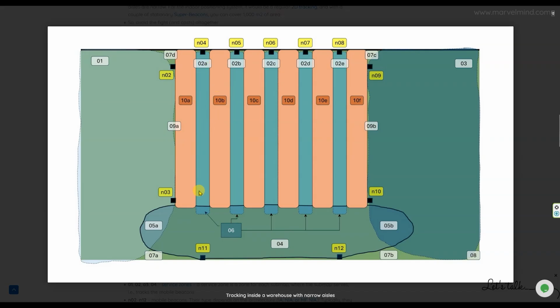So there's no point in installing the station beacons, and you save 50% in this area. This area is typical 2D, this area is typical 2D, this area is typical 2D. You can do 3D as well, but if you have only 2D tracking, there's no need to create 3D submaps. Again, you need more beacons. The accuracy of 2D will still be higher than in 3D, and you don't benefit.